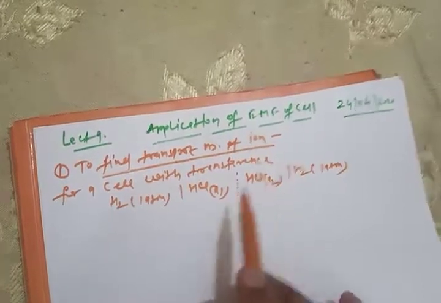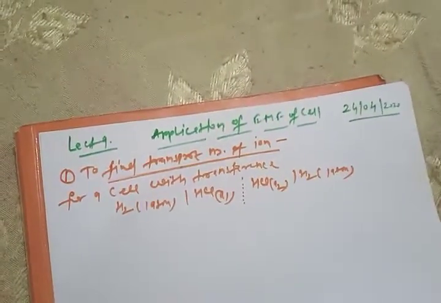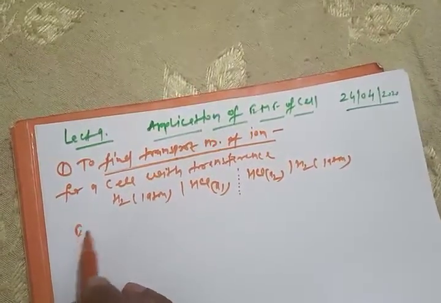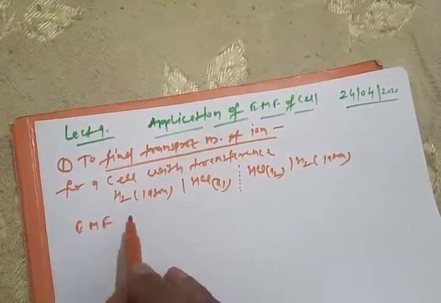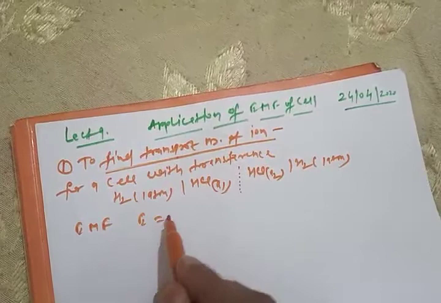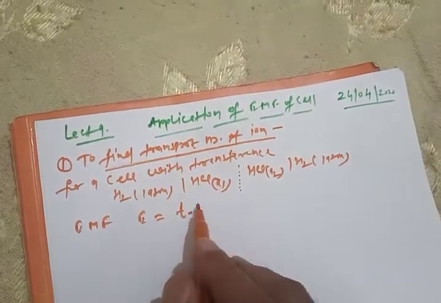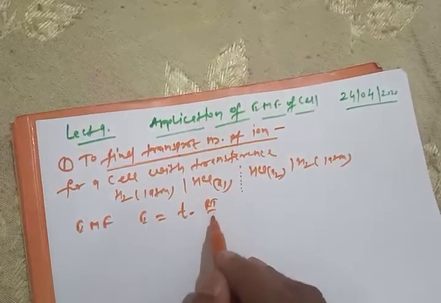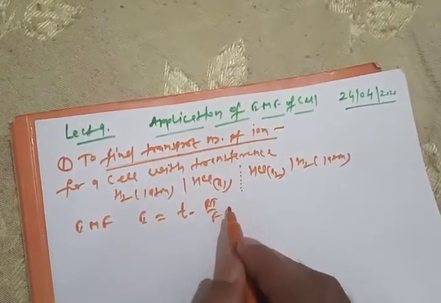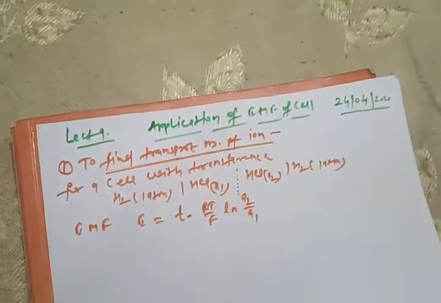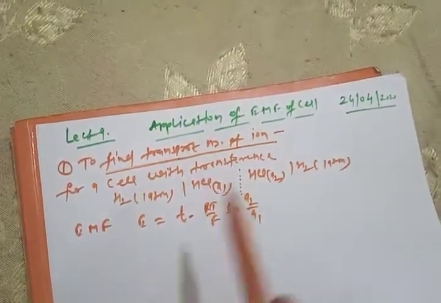This cell gives the value of transport number. So what is the EMF in that case? E is equal to t minus, the transport number of an ion, times RT upon F, ln A2 upon A1.